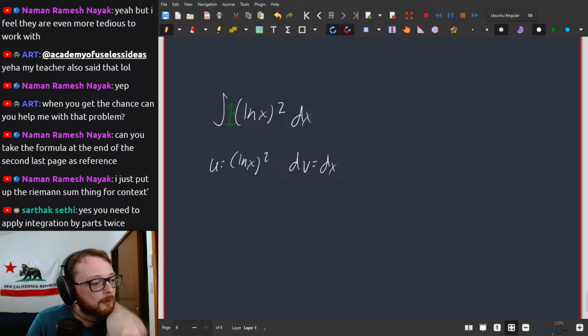Can you take the formula at the end of the second page, second last page as reference? I don't know what you mean by that, Naman.